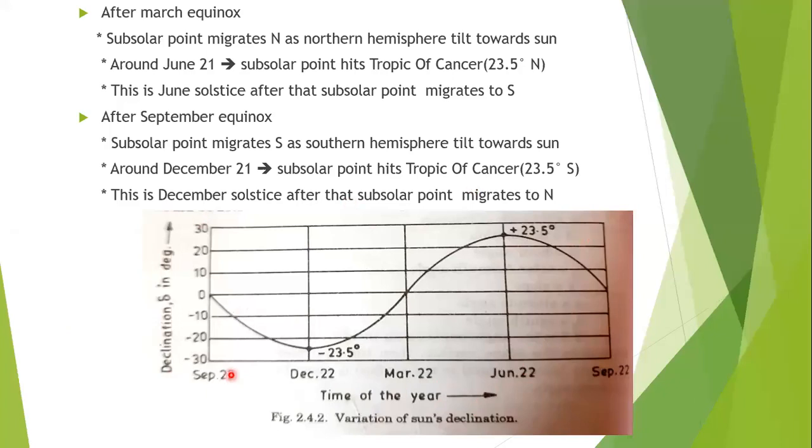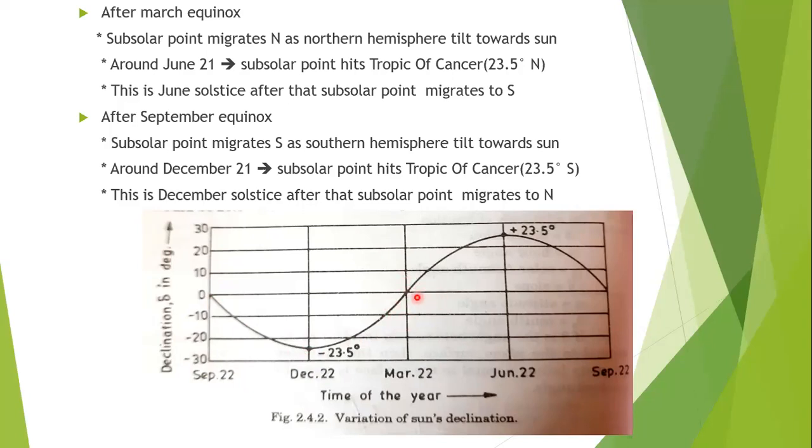Okay, if you observe, first we are taking a date of September 22nd, and at first it is at 0. After that the December solstice will be occurring on 22nd. At this point it reaches the latitude of 23.5 degrees south, and after that the subsolar point will be migrating to north. And here the March equinox will be occurring.